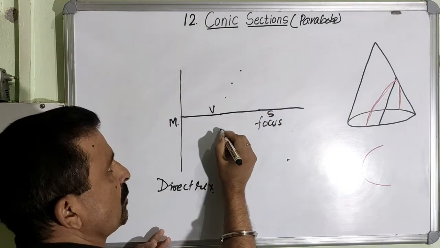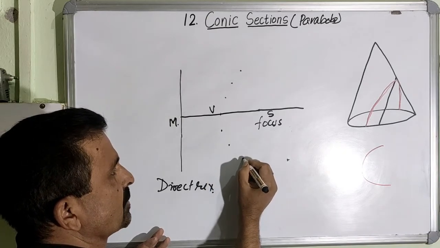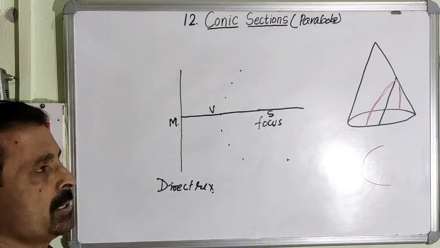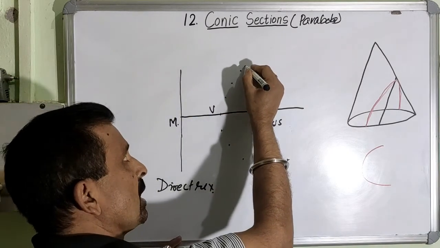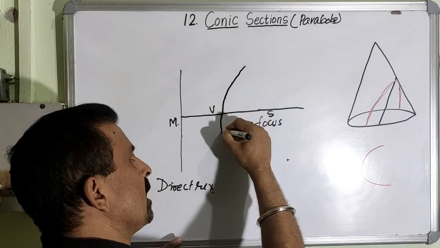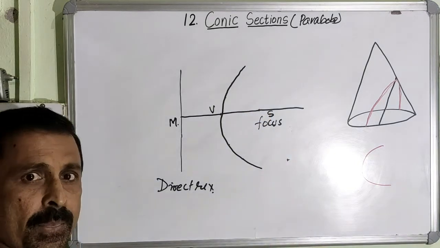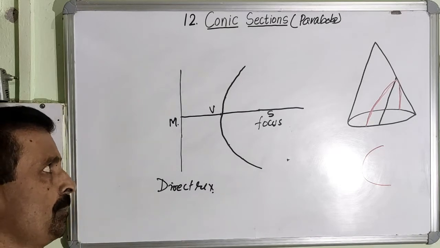In the downward direction also we can do the same thing. Now if we join all these points, then we get a shape, and that shape is called a parabola.